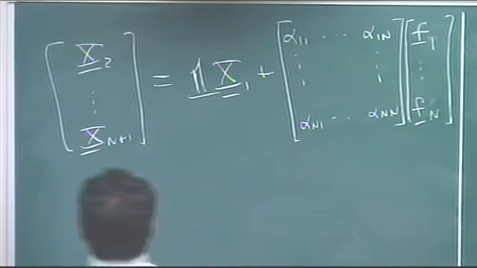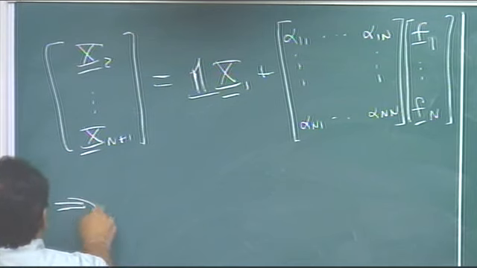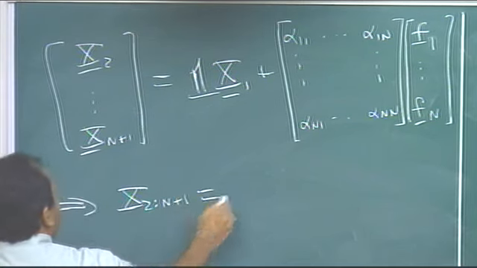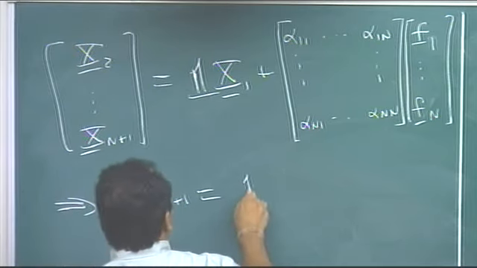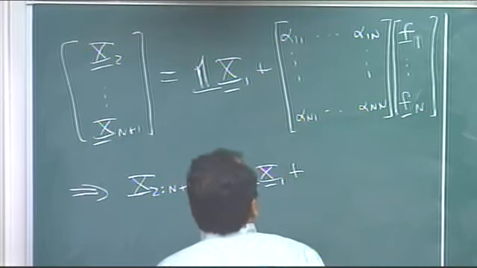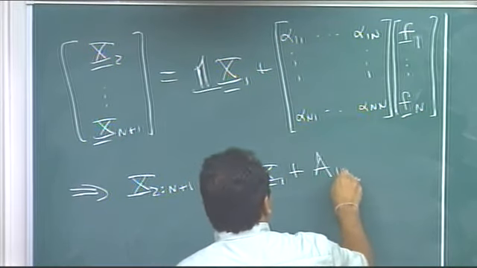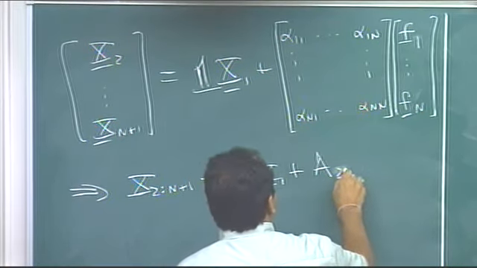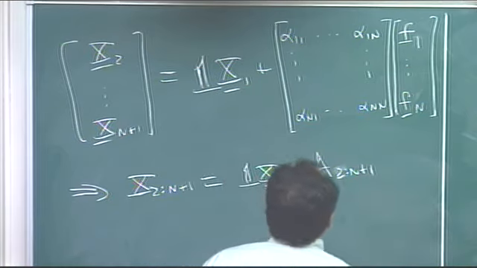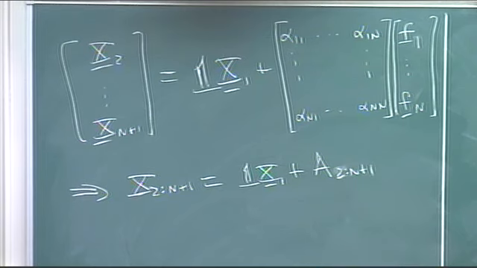So when I put all this together, what I get is x2 through n plus 1 is equal to 1 times x1 plus, I get this matrix A, 2 through n plus 1, because you'll see that the indices on this thing run differently from the indices on the matrix over here.